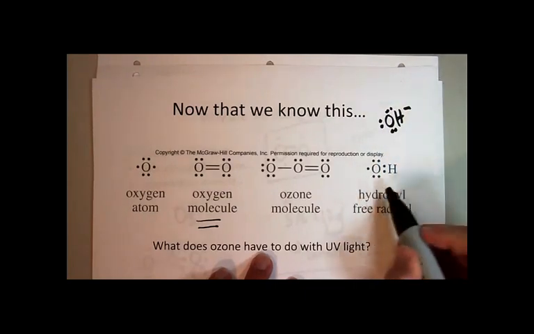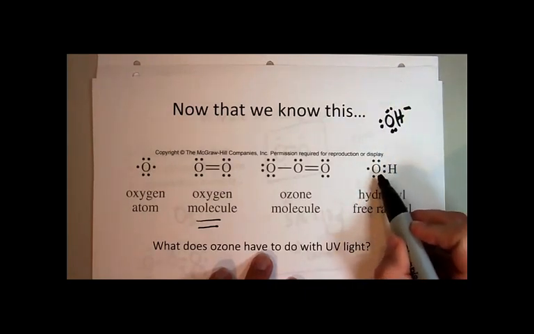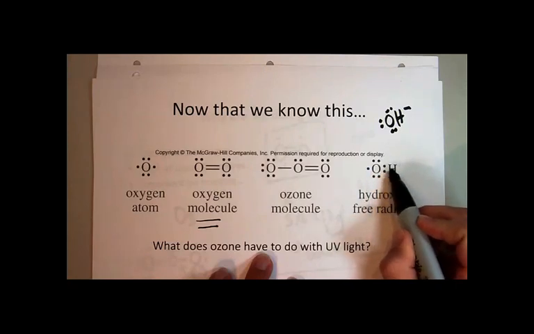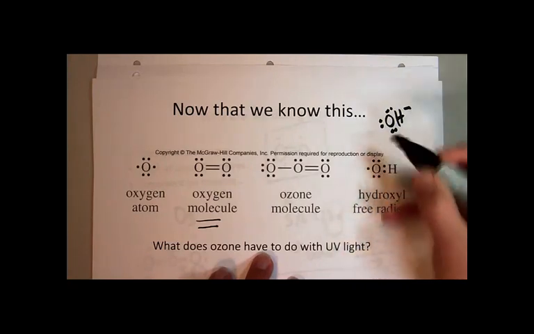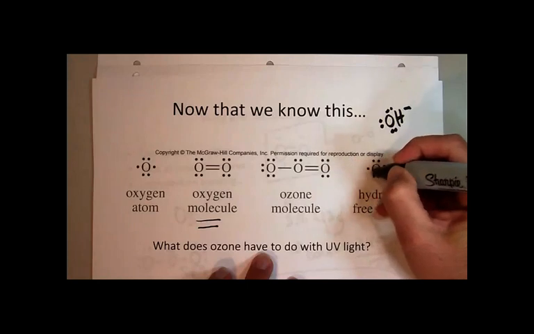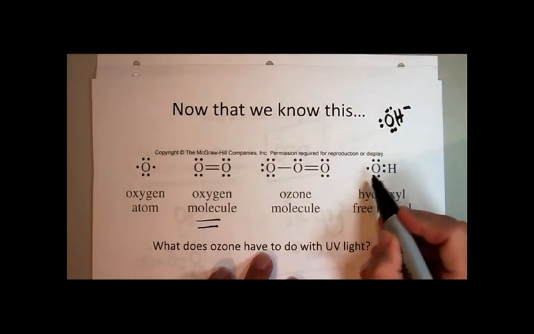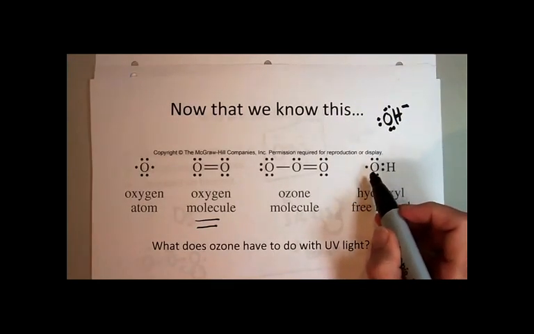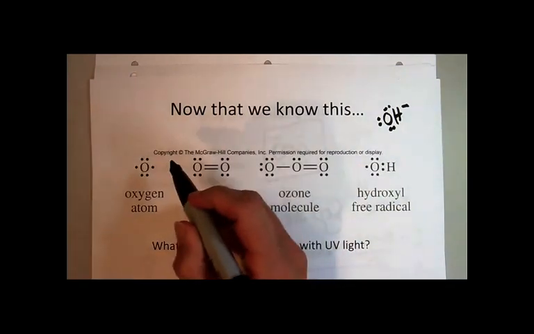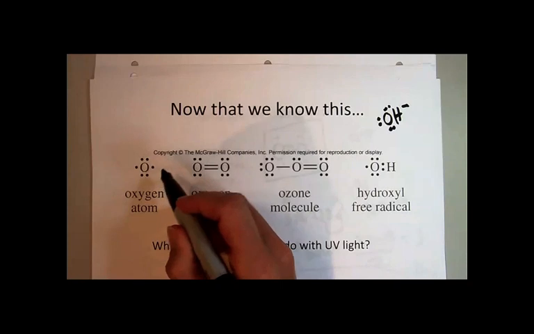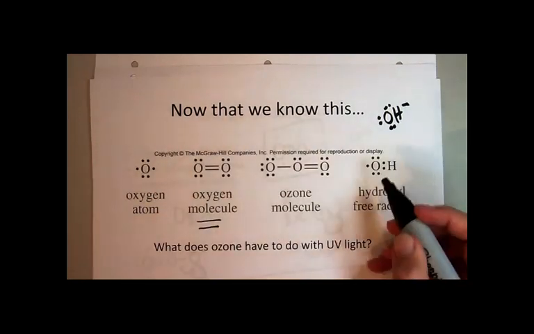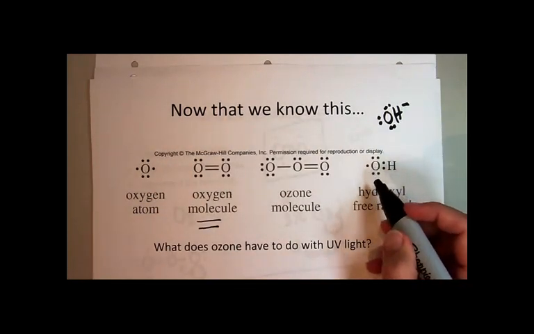The hydroxyl free radical, we can see it's got a bonding pair of electrons, 2 non-bonding pairs of electrons, and then this single unpaired electron. Single unpaired electrons are also very, very unstable and reactive, okay? So we have an unpaired electron here on the oxygen atom. We have an unpaired electron here on the hydroxyl free radical.